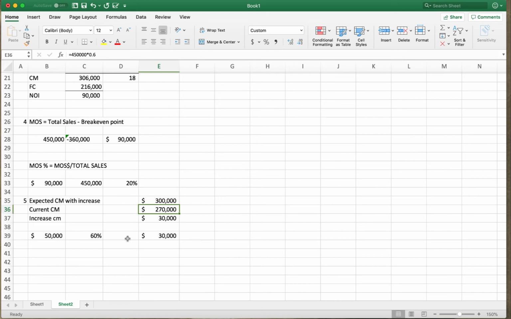Hey, our percentage change is 10%. Okay. Well, if we have 5 as a degree of operating leverage, we multiply those out, and that'll tell us how sensitive that net operating income will change. It'll go up or it'll go down. Okay. So, not too difficult, really, a concept.